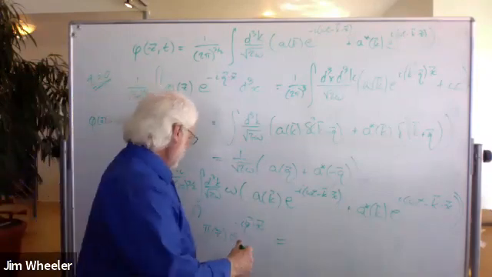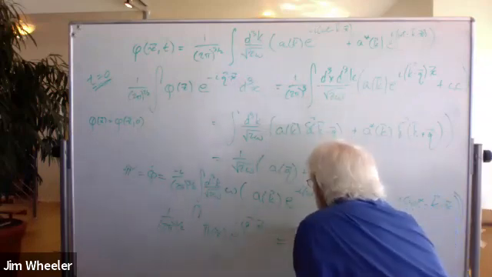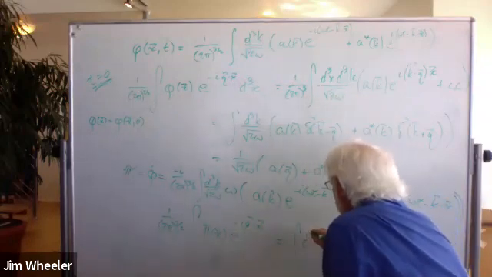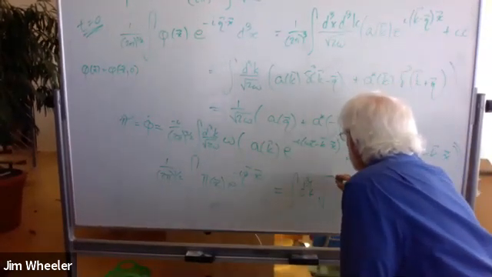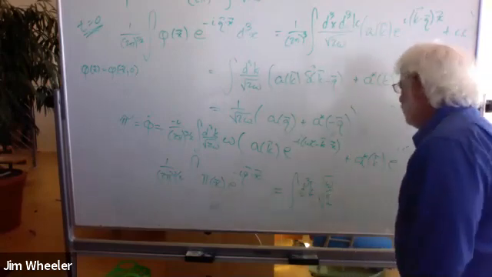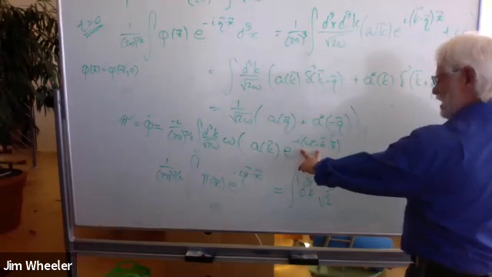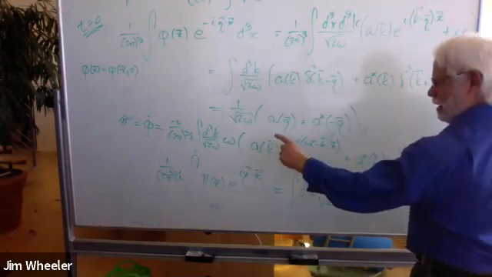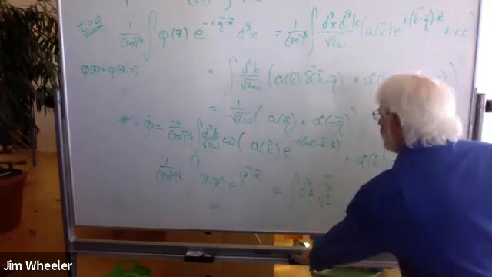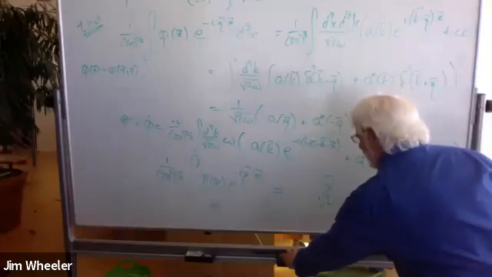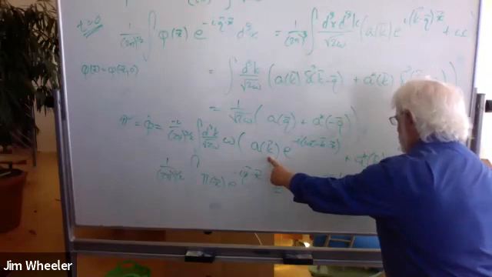So I think we can probably get this right. d3k, then this becomes root omega over 2. And this one is going to get a delta function in plus k minus q. So when we integrate over d3k, this is just going to become A of q.